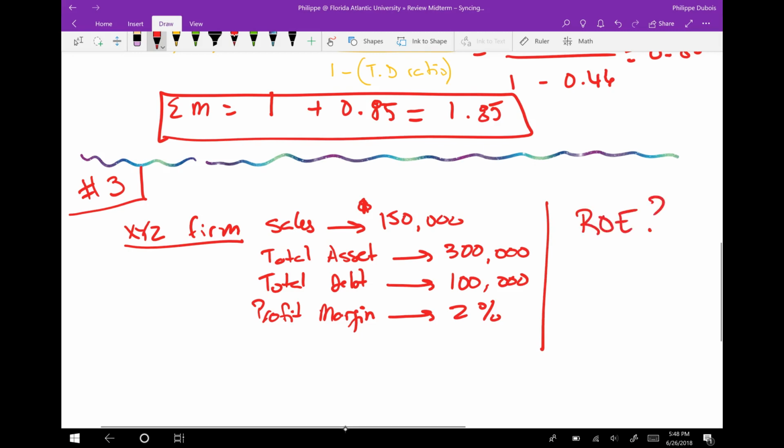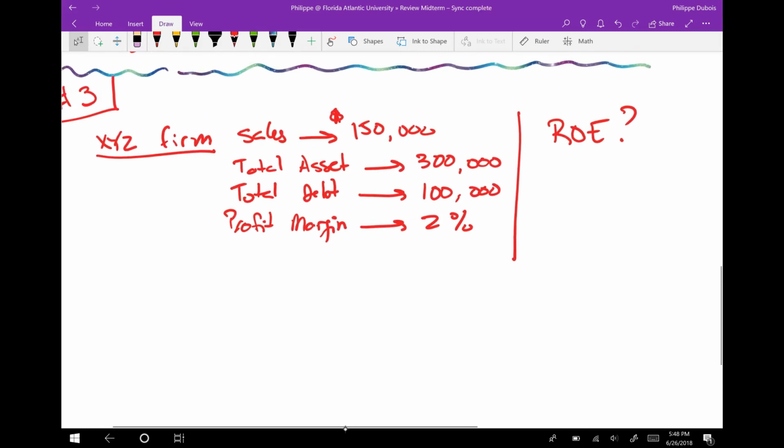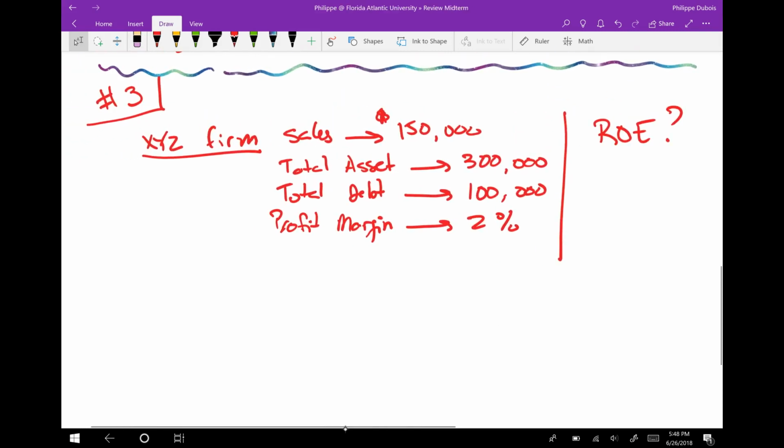ROE. What is the return on equity based on the information you have? Well, if you look at the DuPont identity chart, I will write it here. DuPont chart.